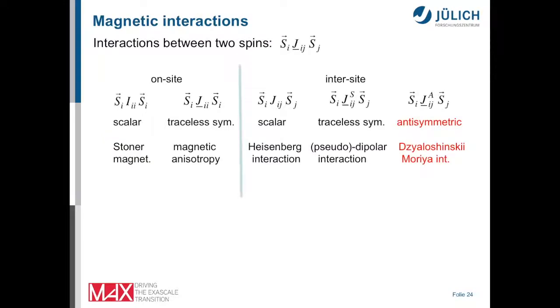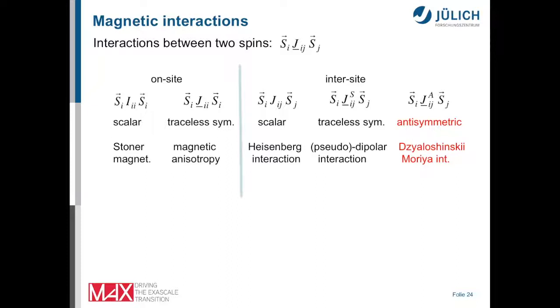If you think what kind of interactions are possible between two different spins, say spin i and spin j, then you can think, these two spins are three-component vectors. The coupling can be most generally described by a 3x3 matrix, J_ij.